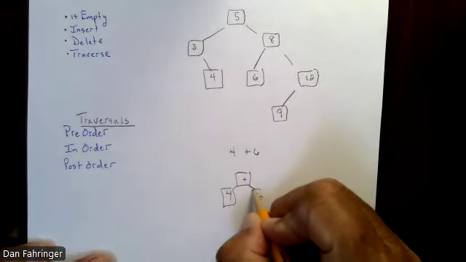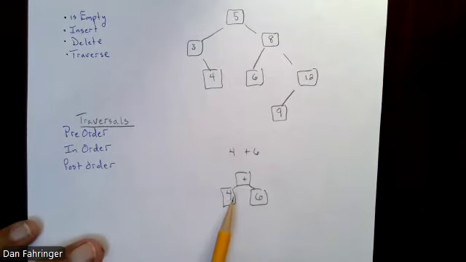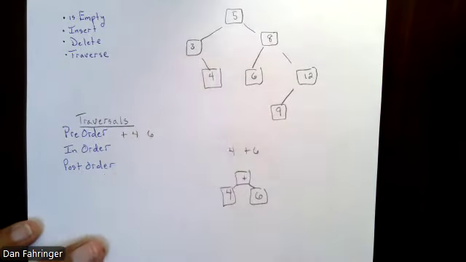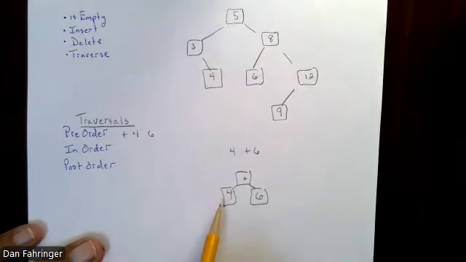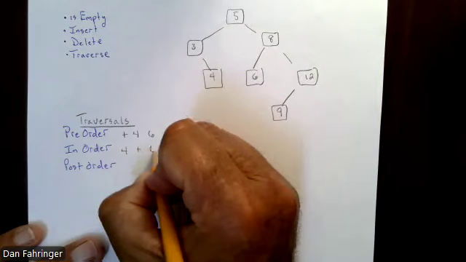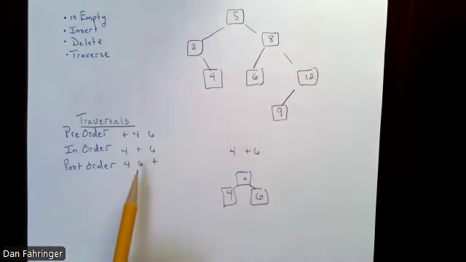My pre-order was, the operation first, plus 4 and 6. My in order was 4 plus 6. That was the original. I see my 4 and 6 aren't moving, but the plus sign moved.